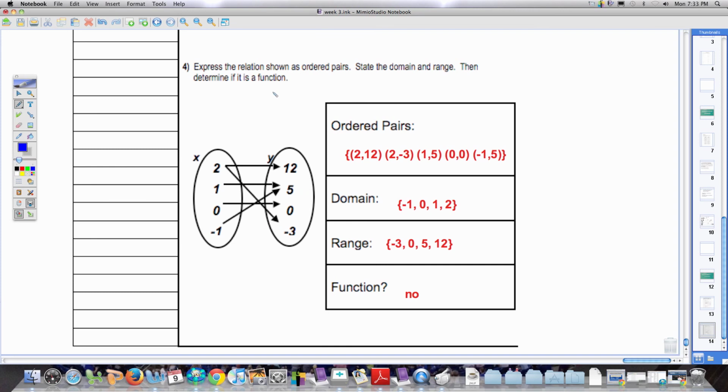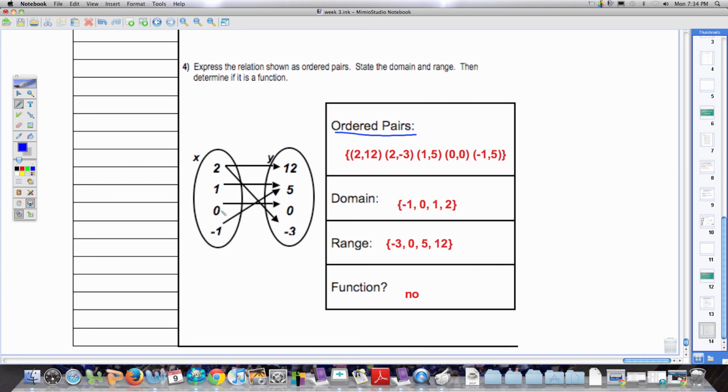All right, the last example says express the relation shown. It shows us a mapping, and we state the domain and range, and then determine if it's a function. So I'm looking right here at the ordered pairs. The first one is (2, 12). That's one coordinate point. Then the next one is (2, -3).